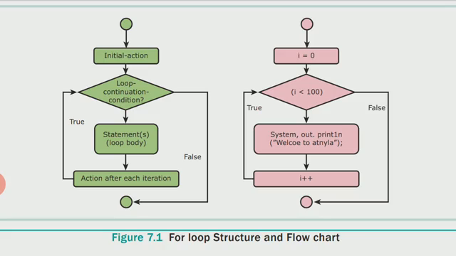The example they gave: i equal to 0, then i is less than 100. So the initial value is 0, and i less than 100 is the loop continuation condition. The loop will execute until it reaches 100. Then System.out.print, welcome to Antlia.